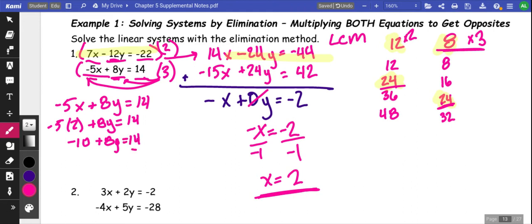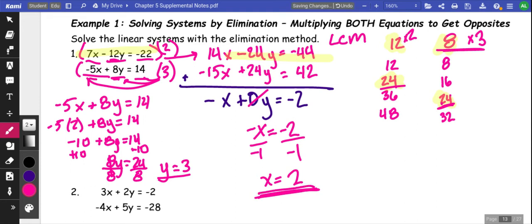I know I can add 10 to both sides. I want that negative 10 to go away, so I'm going to add 10. So I get 8y is equal to 24. Okay, and I'm multiplying by 8, so I'm going to divide by 8. Right, so these 8s are going to cancel out, so I get y is equal to 3.